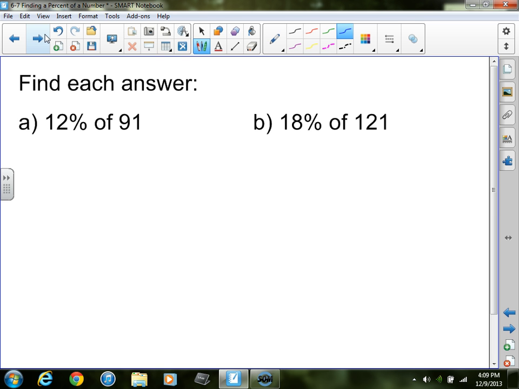Alright, let's see if you guys got the same answer that I got. So I know that in order to find the percent of a number, I need to multiply, but first, before I can do that, I need to change the percent to a decimal.